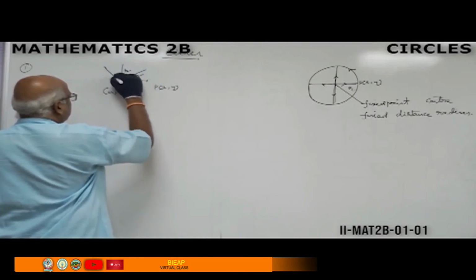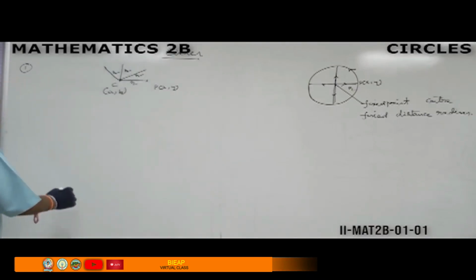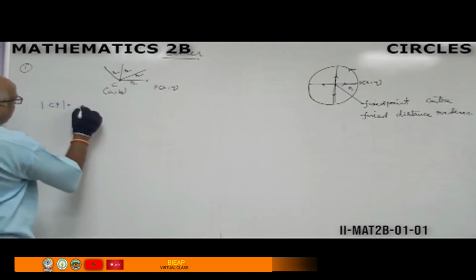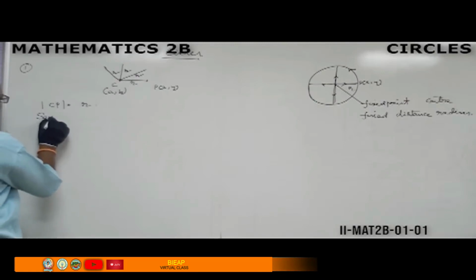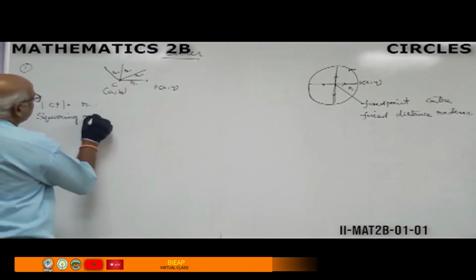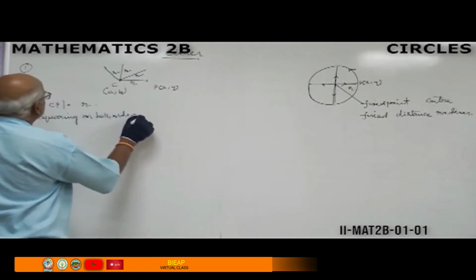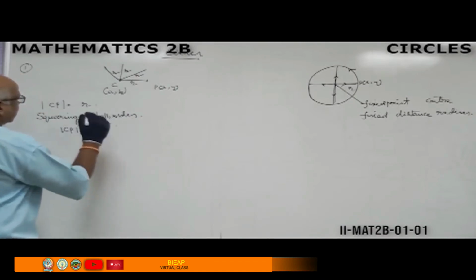And here also this length is r. So under this condition, the distance between C and P is equal to how much, sir? r. Squaring on both sides, CP square equals r square.